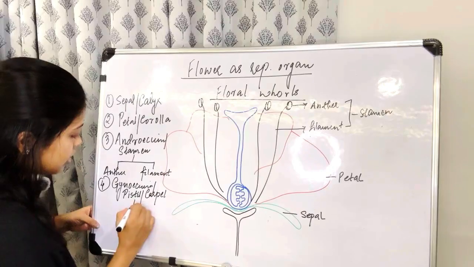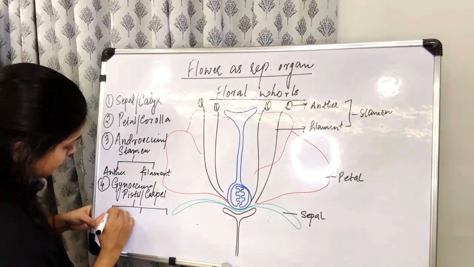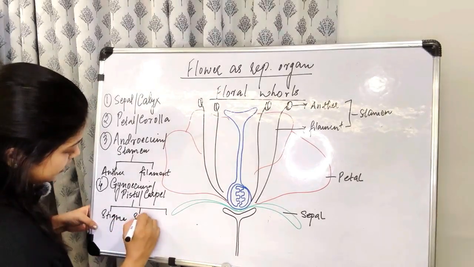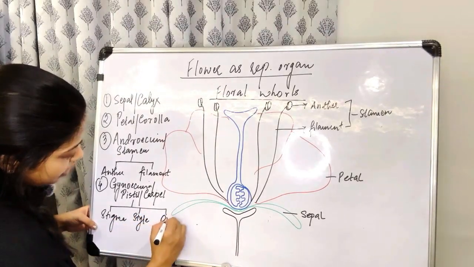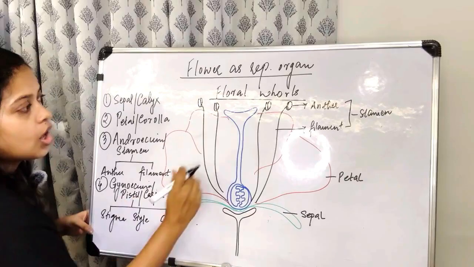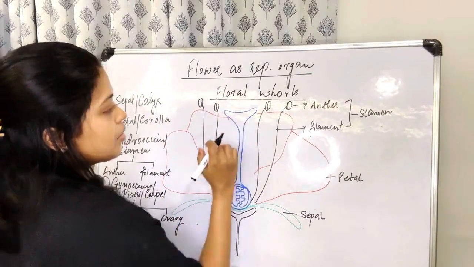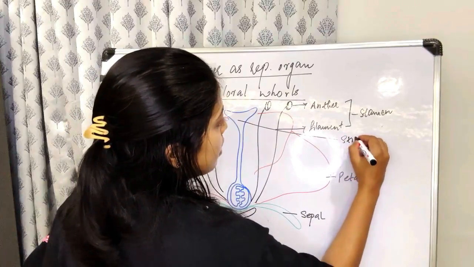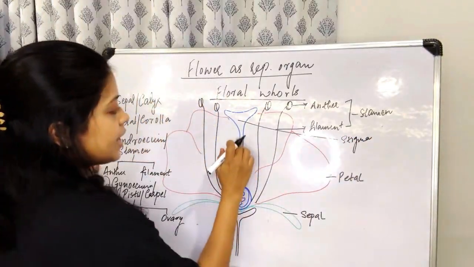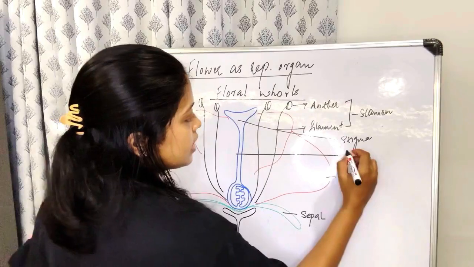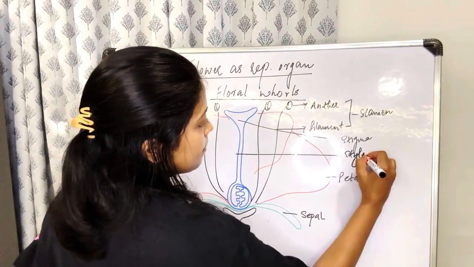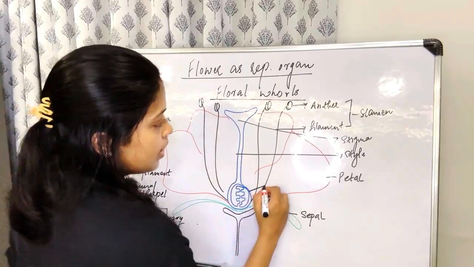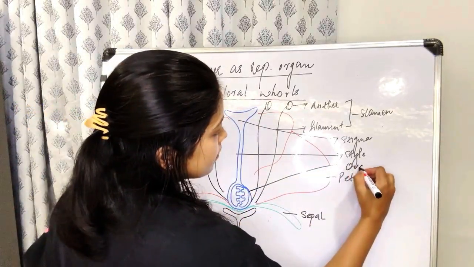So it has three regions: stigma, style and ovary. So this upper region is called as the stigma. The center stalk region is called as the style, and the basal swollen region is called as the ovary.